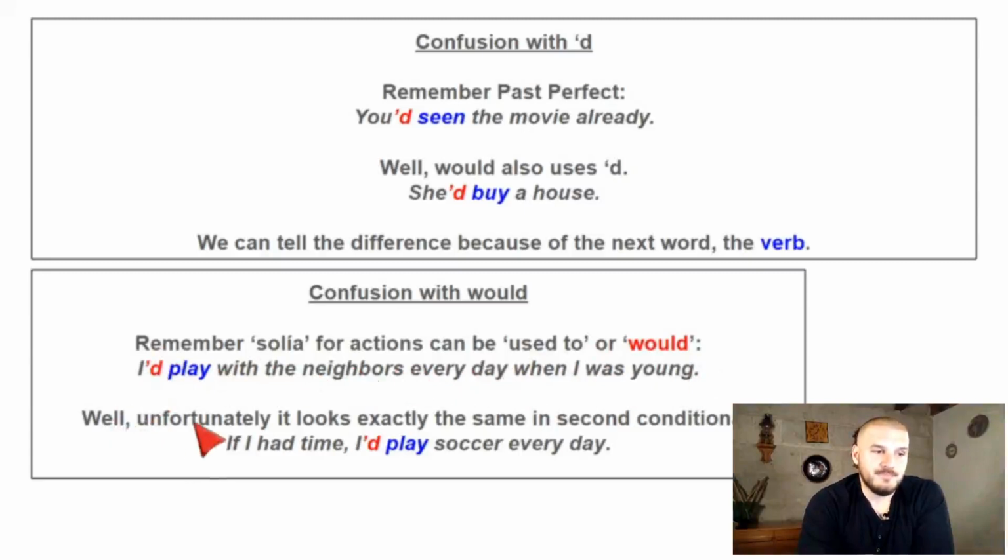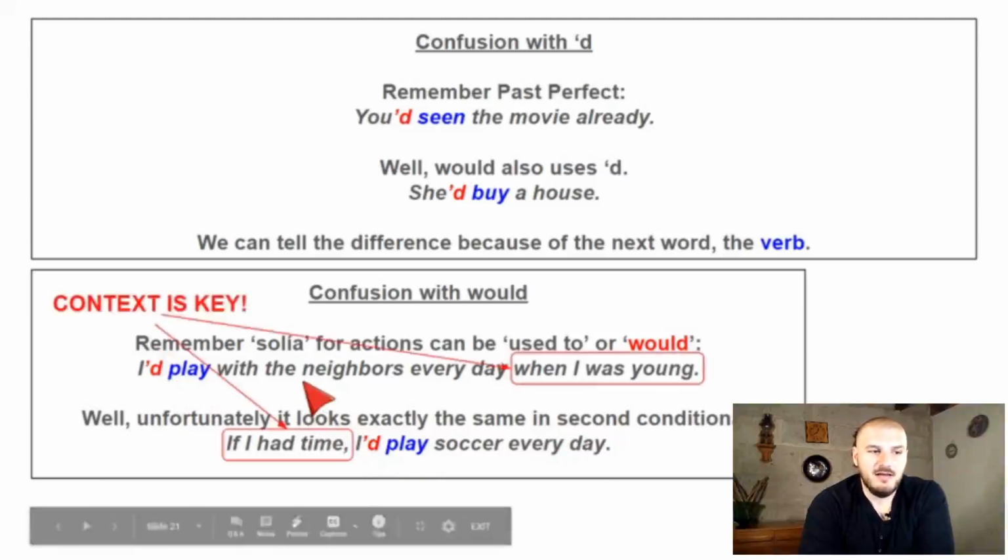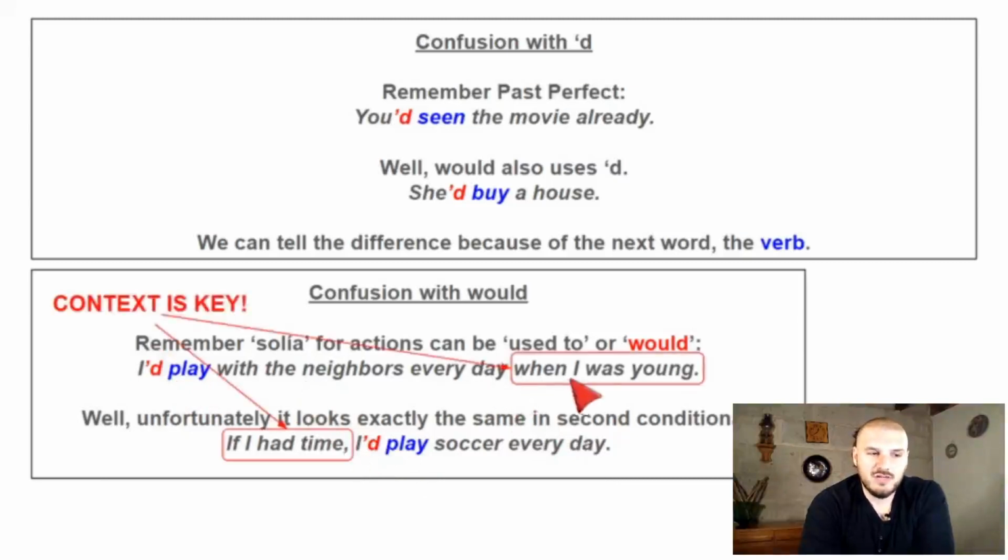Well, it looks exactly the same in second conditional. Okay? Si tuviera tiempo, jugaría soccer todos los días. If I had time, I would play soccer every day. So they look, parecen exactly the same, right? But the context is everything, right? I know, because of the context, what you're talking about.